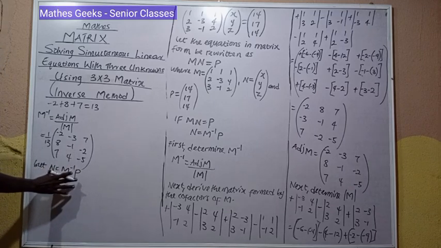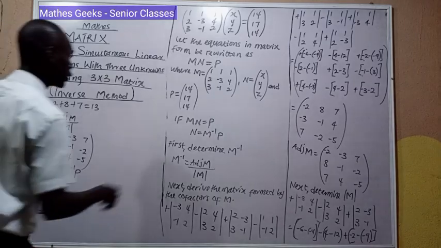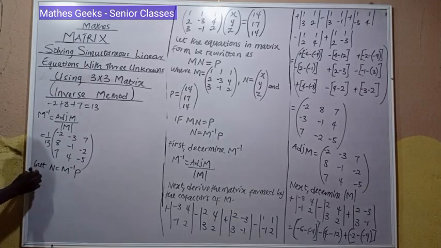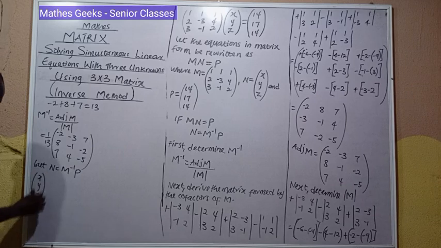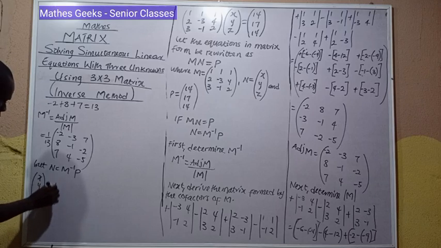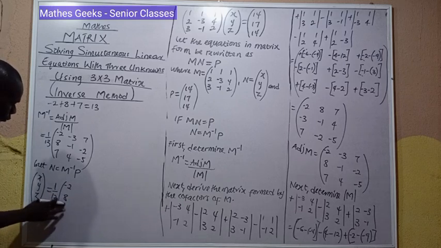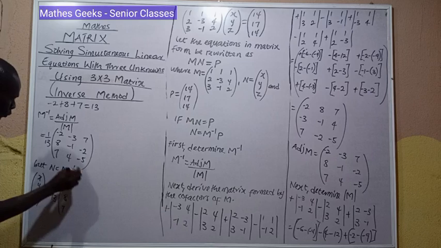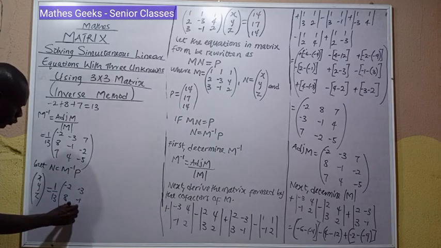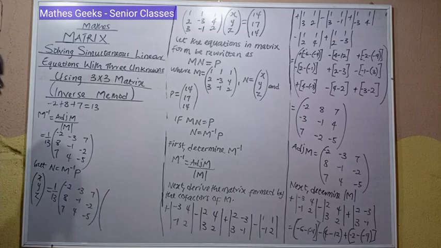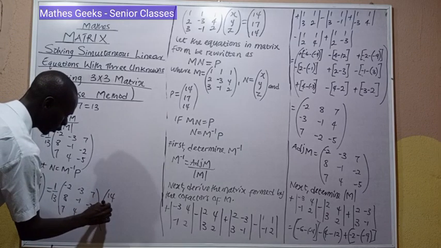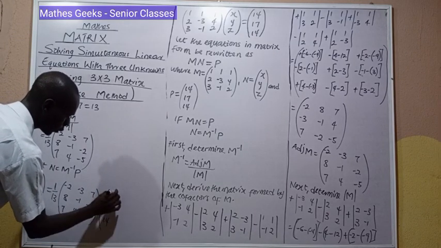Now we're going to put in, for each of these letters, what they represent. So N is X, Y, Z, which is equal to M inverse, 1 over 13 times the matrix minus 2, 8, 7, minus 3, minus 1, 4, 7, minus 2, minus 5, all multiplied by 14, 17, 14.